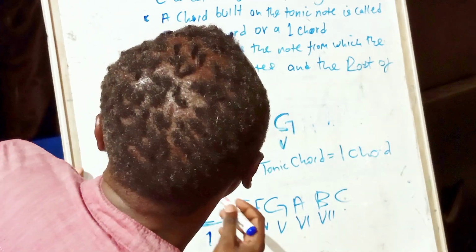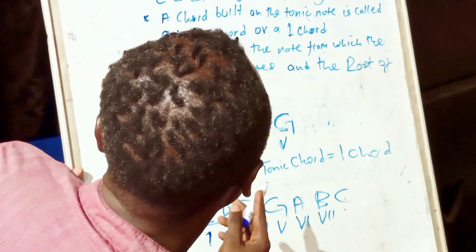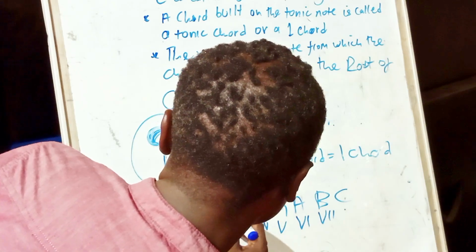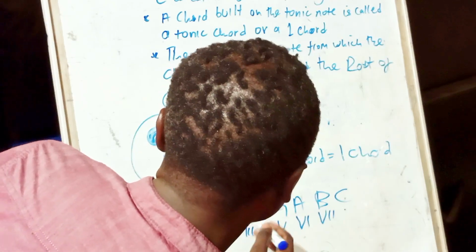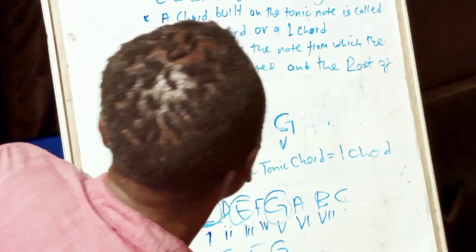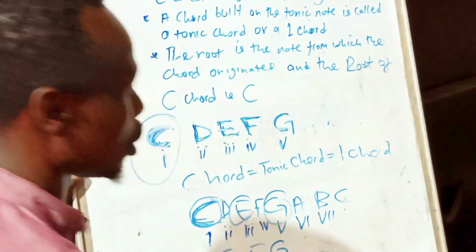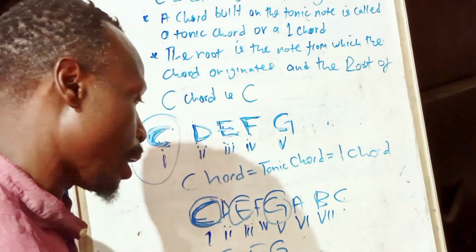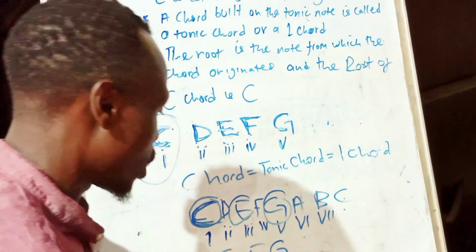Okay. So a chord built on the tonic note is called a tonic chord. So this is our tonic chord. We pick C, E, and G. This is called the tonic chord, in other words, the home chord. This is the chord whereby the key of a song is picked.